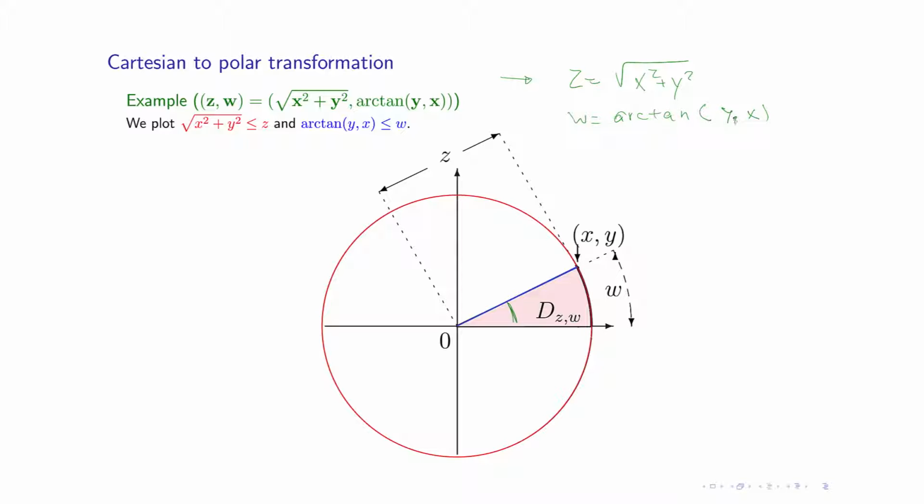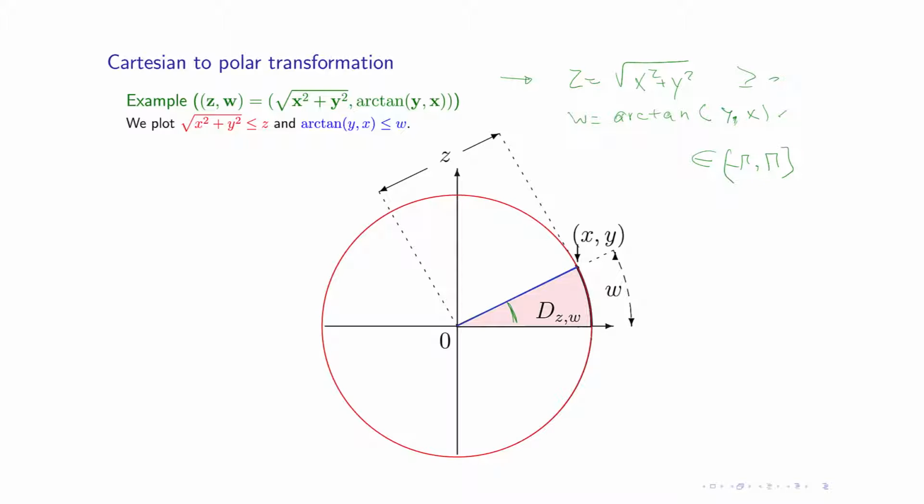If you want to use this in MATLAB, you give this function, and it calculates an angle which is between minus pi and plus pi, so it should be closed from this side and open from this side.